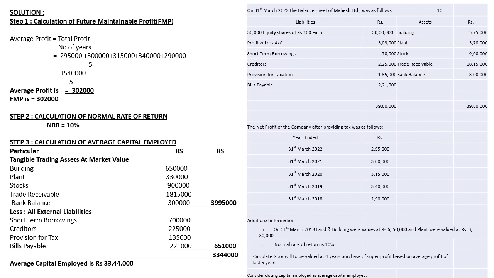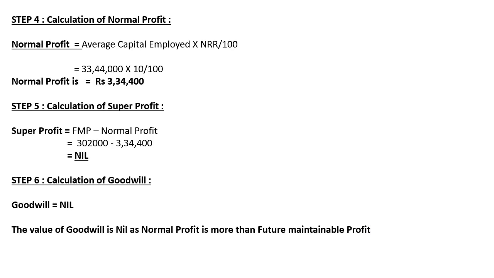Then we are going to calculate step number 4, that is calculation of normal profit. What is the formula for calculation of normal profit? You have to take step number 3 into step number 2. You have to remember this: step number 3 into step number 2.